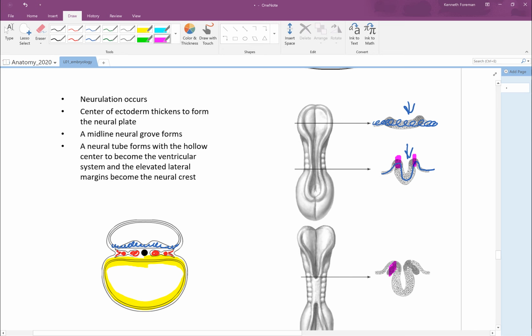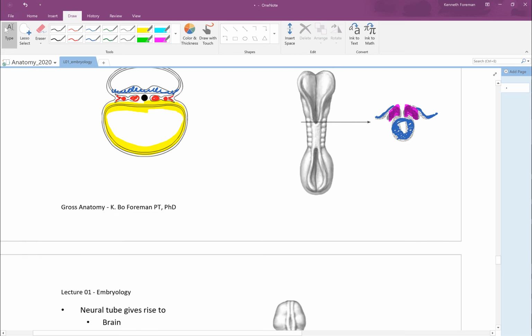And you can see as it invaginates more and more, we get these specialty cells located there. We have the ectoderm here, and the ectoderm actually starts to develop into a different type of tissue, and these 2 are actually going to connect.